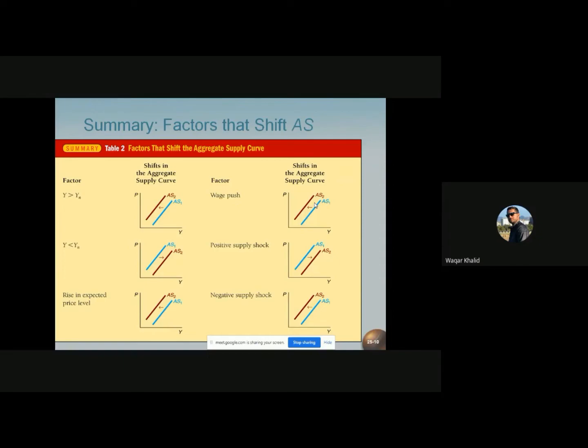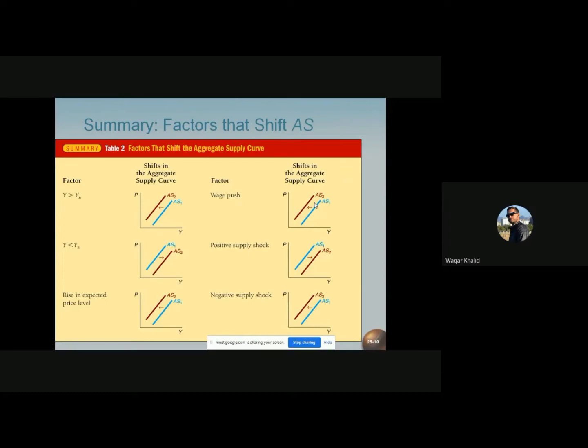One is known as the positive supply shock, and the second one is known as the negative supply shock. So how will the positive and negative supply shocks affect the original position of the aggregate supply curve? Changes in technology and the supply of raw materials can shift the aggregate supply curve.